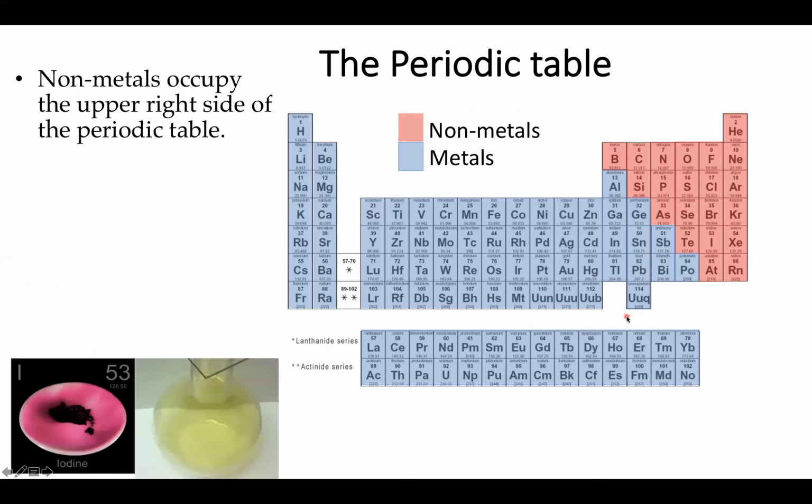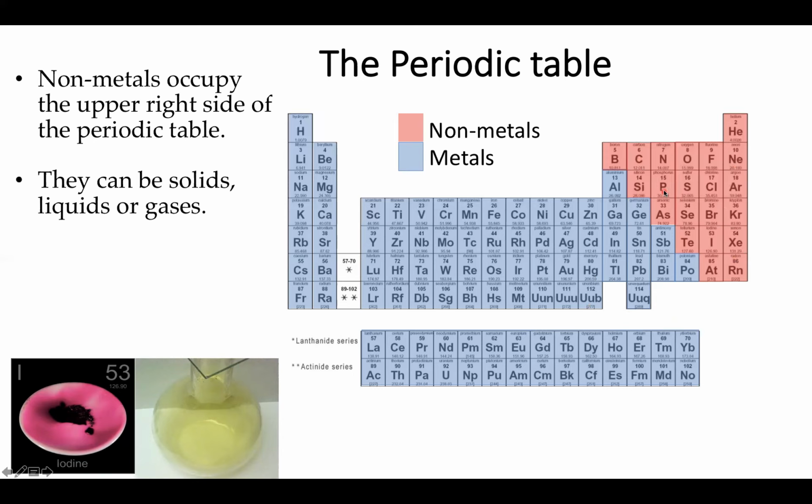In contrast, we have the elements on the upper right side of the periodic table, which we call nonmetals. These tend to exist over a huge array of phases. They can be solids like carbon or phosphorus.